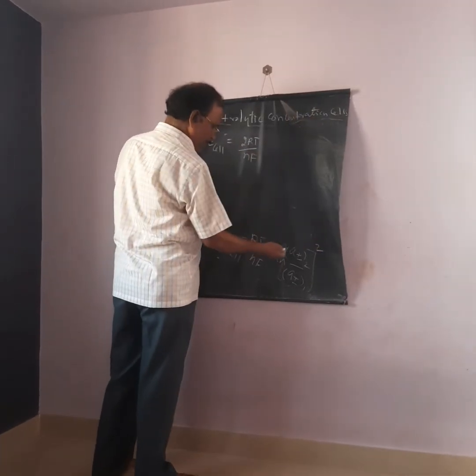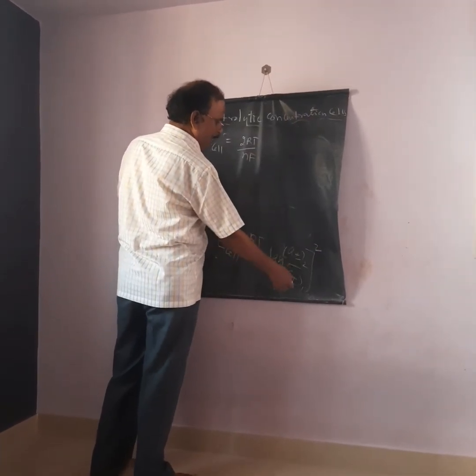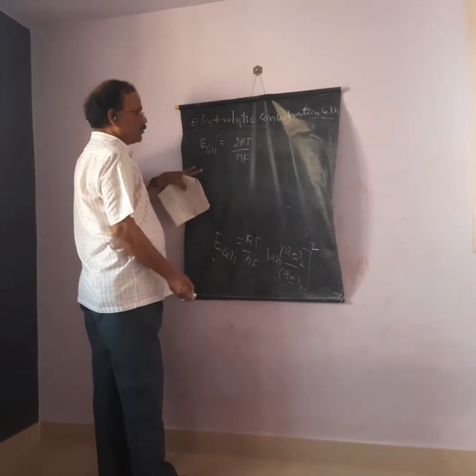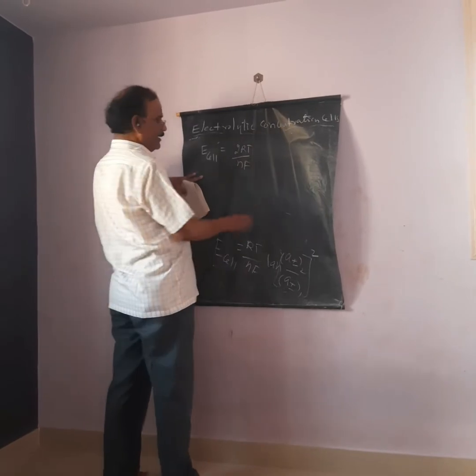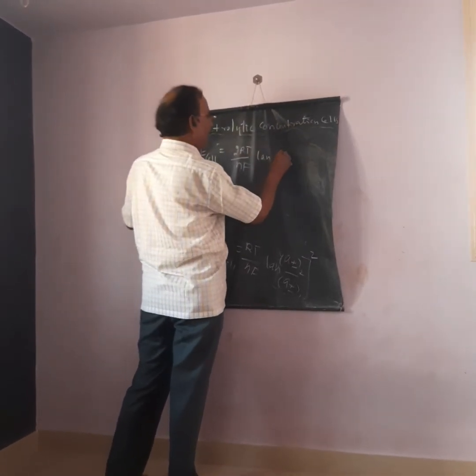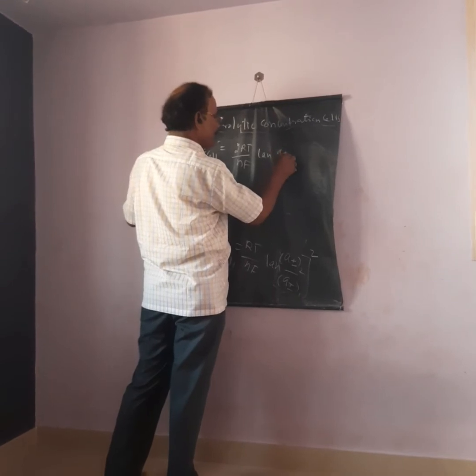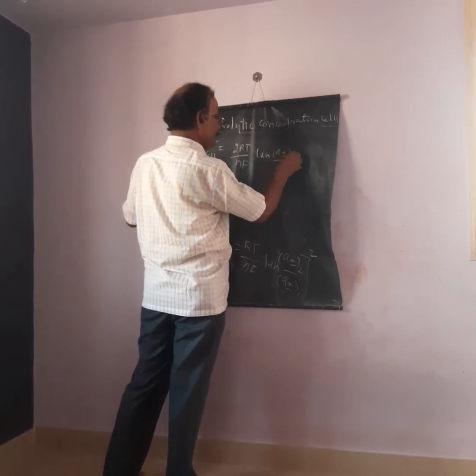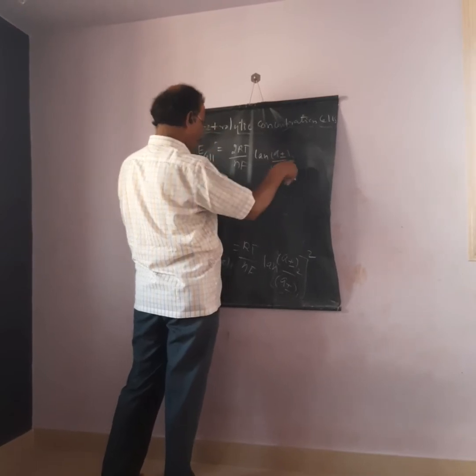Here 2 comes to the front, since ln A to the power n is equal to n ln A. So 2RT by NF into ln of A plus or minus 2 divided by A plus or minus 1.